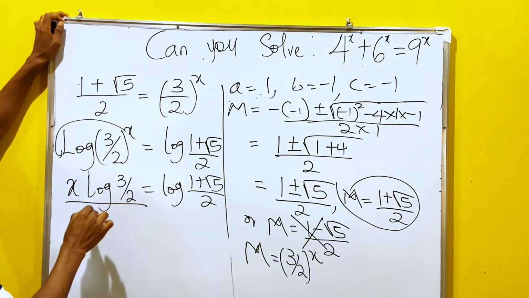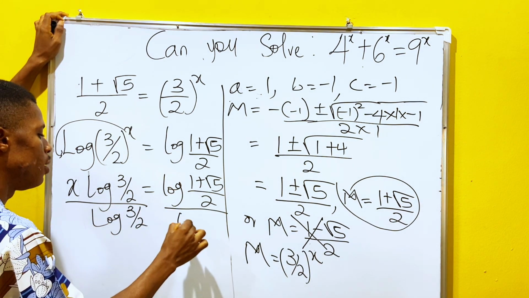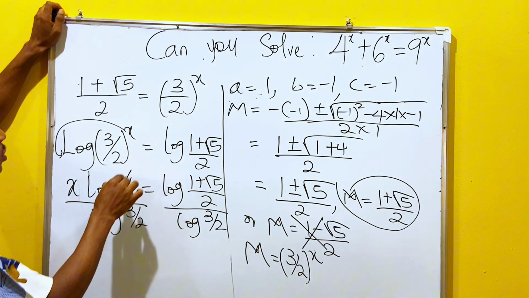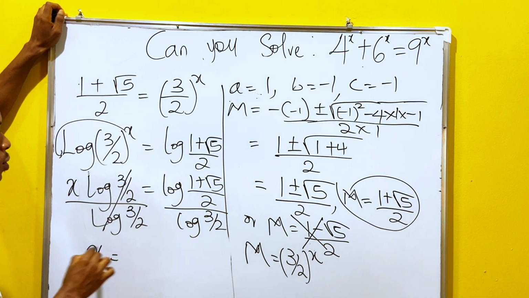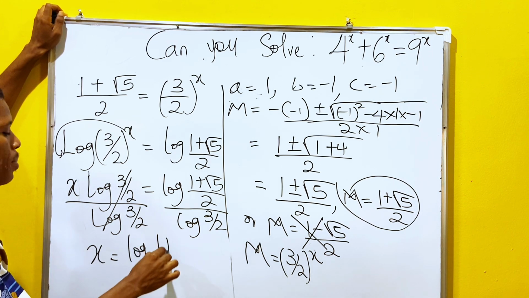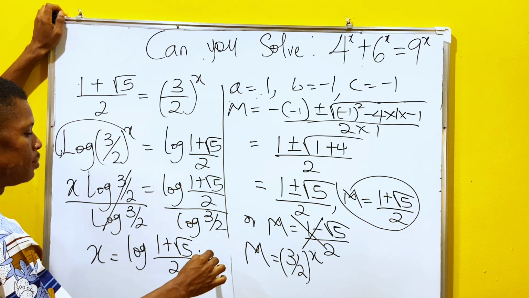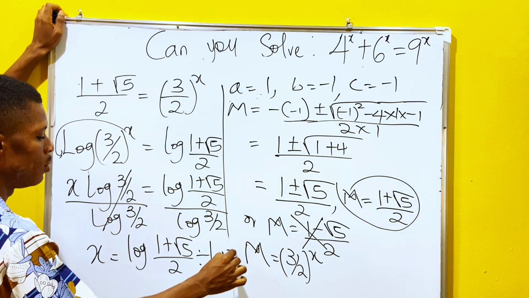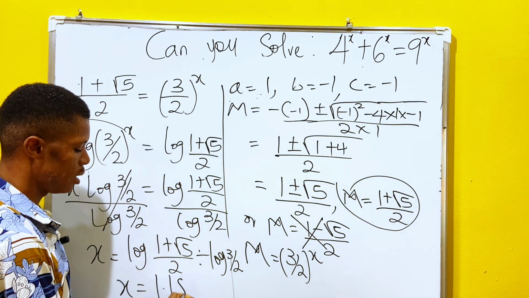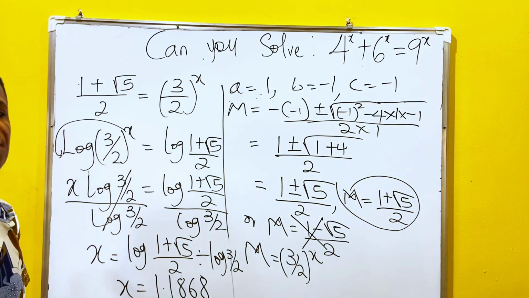Now we divide through by log 3 over 2. If you divide by log 3 over 2 to find x, you see that x is equals to log of 1 plus root 5 over 2, divided by log 3 over 2, which is 0.1868. Okay? And that's the value for x.